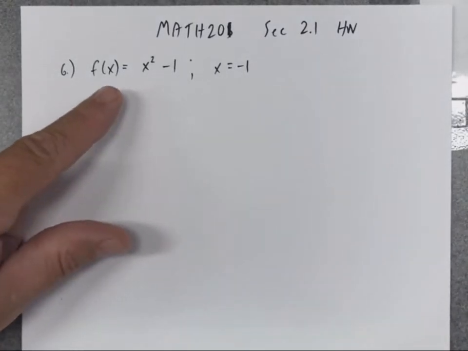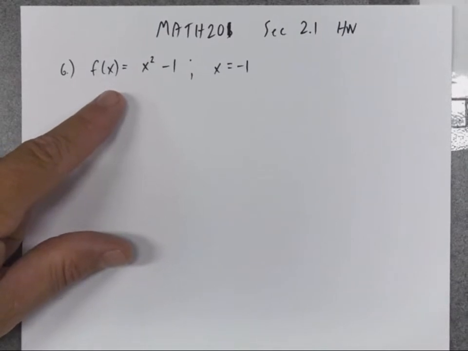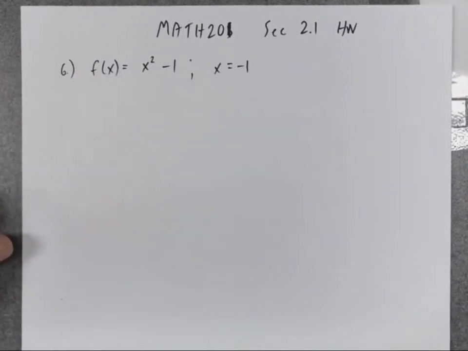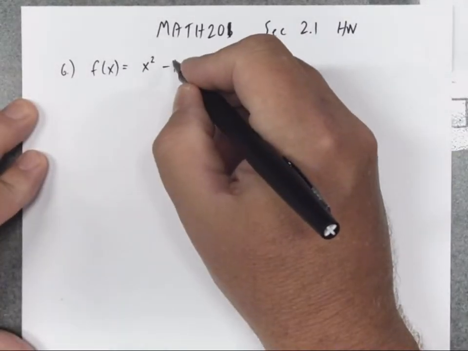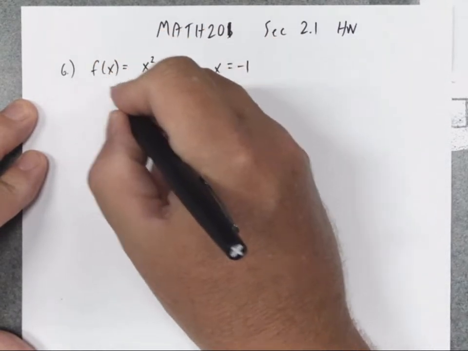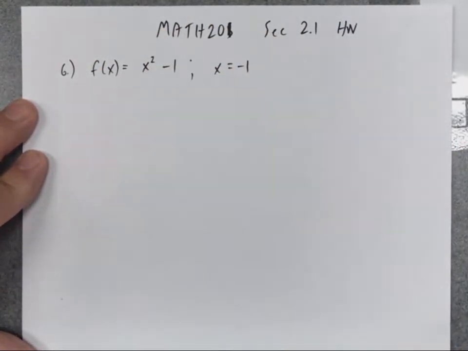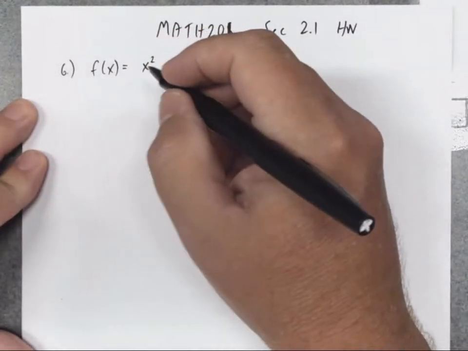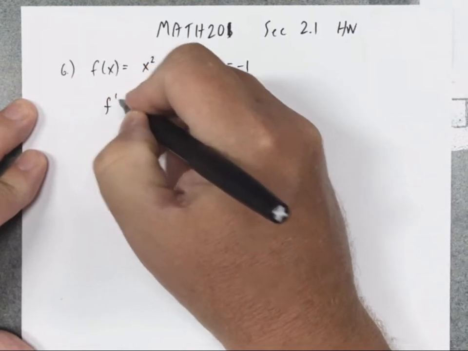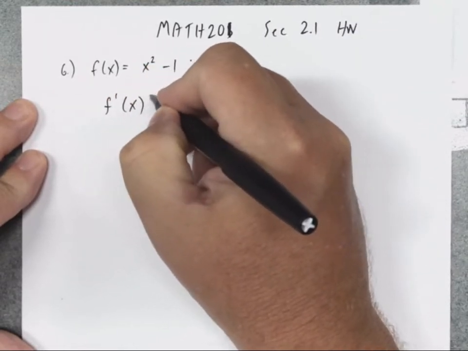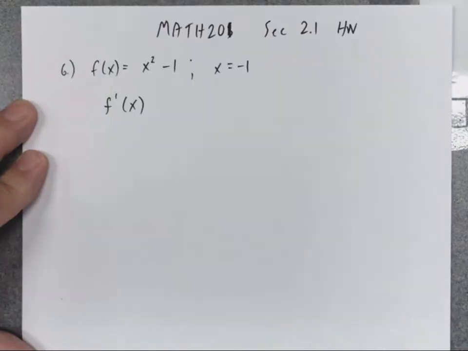So here's a function. If we were to graph this, it looks like a parabola, so it'd definitely be a curve. They're saying, first of all, determine the derivative of this function. Let's talk about that for a minute. I think in class I forgot to mention the way they like to denote the derivative of a function is you put a little tick mark here.